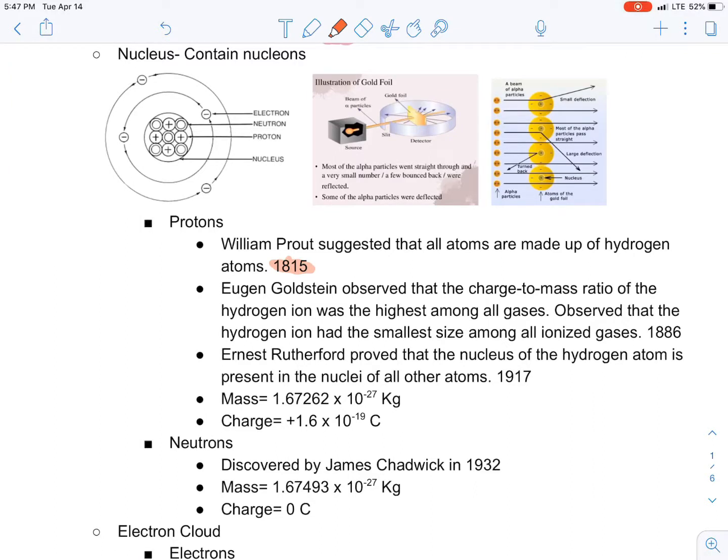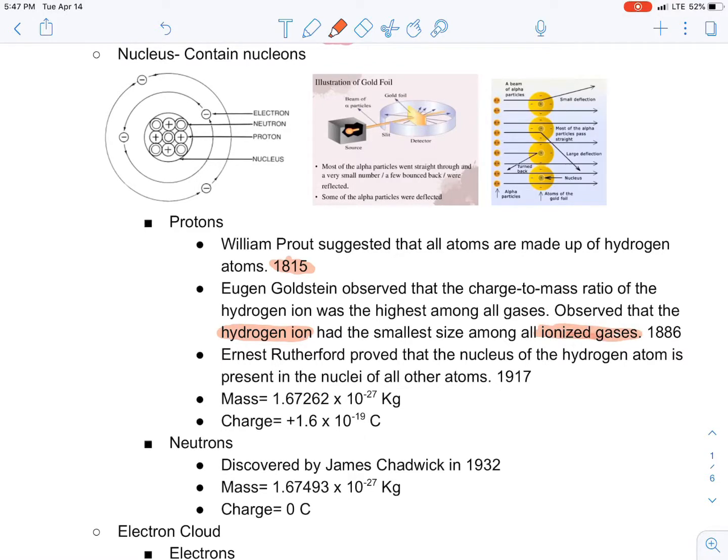And then Eugene Goldstein was studying hydrogen ions again in gases. And he realized that the hydrogen ion, which, remember, is just a proton, right? The electron's gone. It was the smallest of the ionized gases. That just means the charged gases.